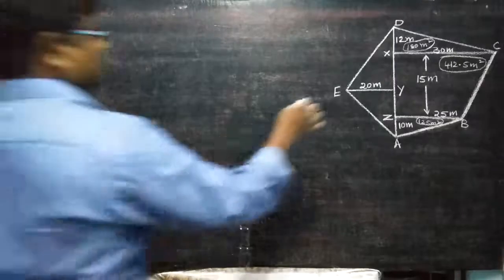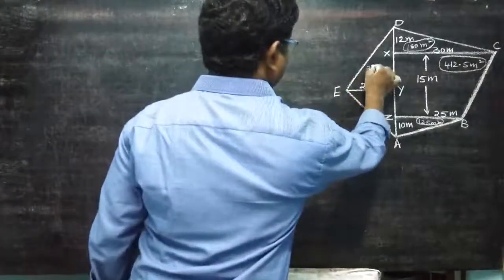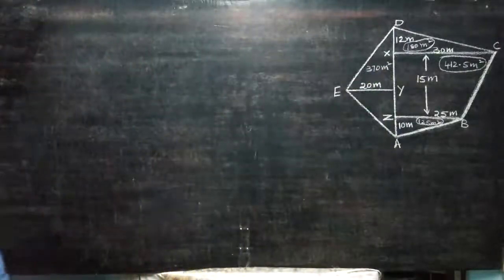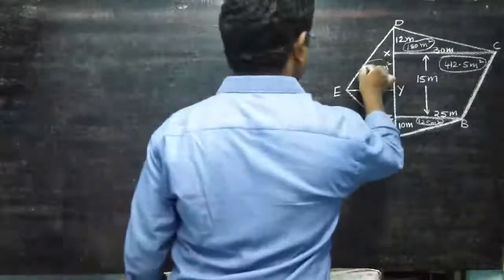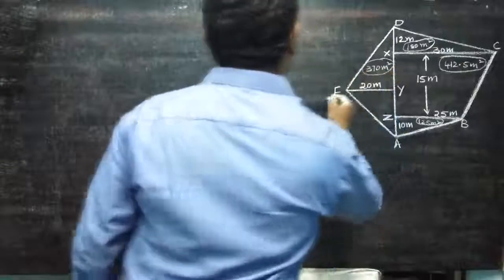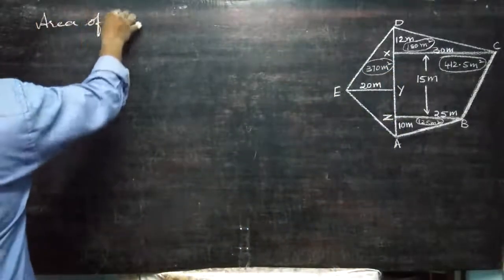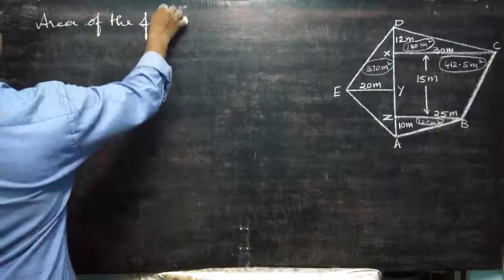Now we got this as 370 meters square. Now this is also the area of this triangle. They are asking to find the area of the field. What is the area of the field?